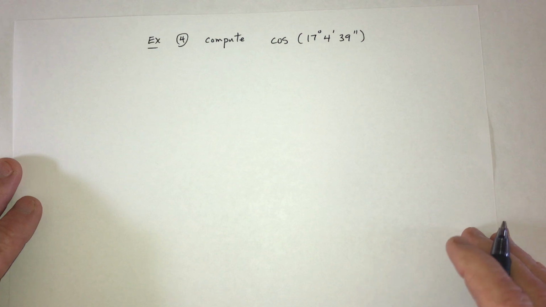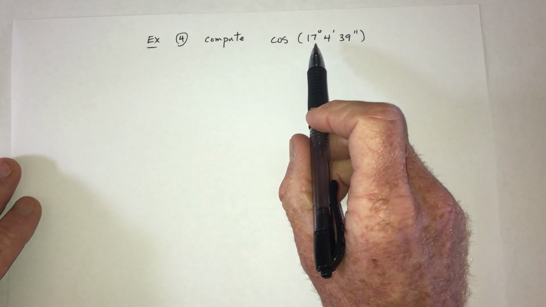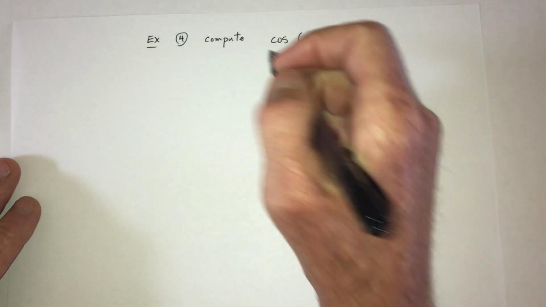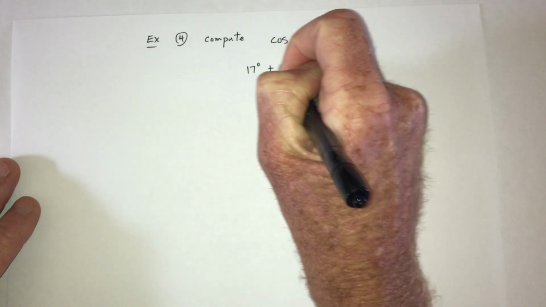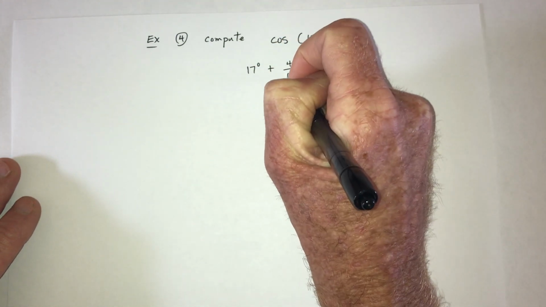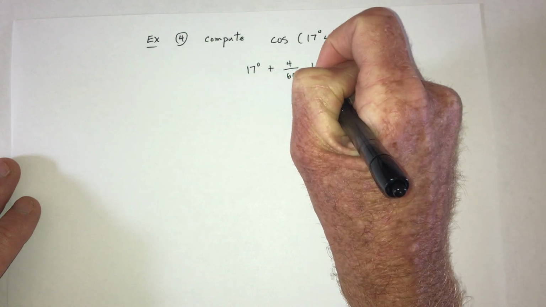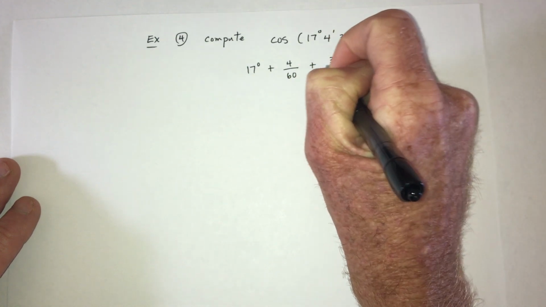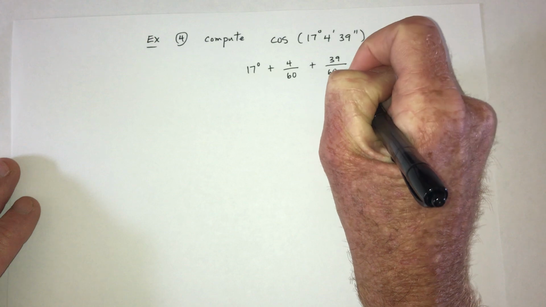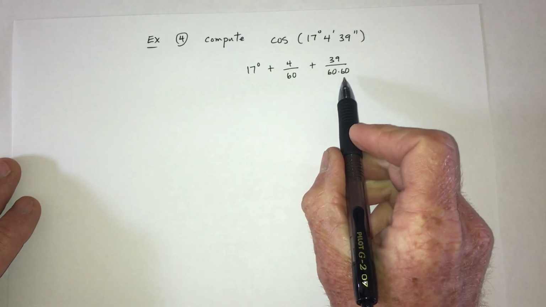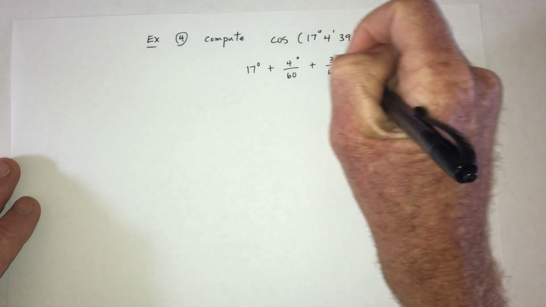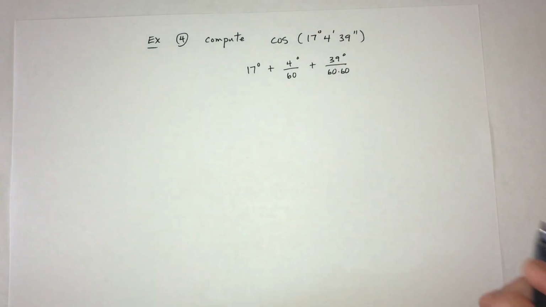So one way to do this is, like I just did in the last one, you convert this to decimal form. So first of all, this would be 17 degrees, and then the 4 needs to be divided by 60, and the 39 needs to be divided by 60 twice. Or you could just put 3600 right here. And now these have been converted to degrees.